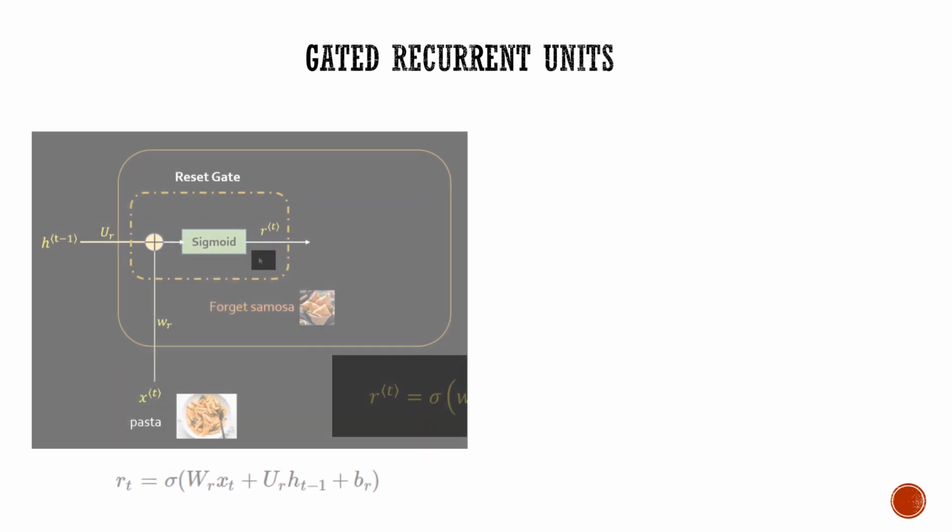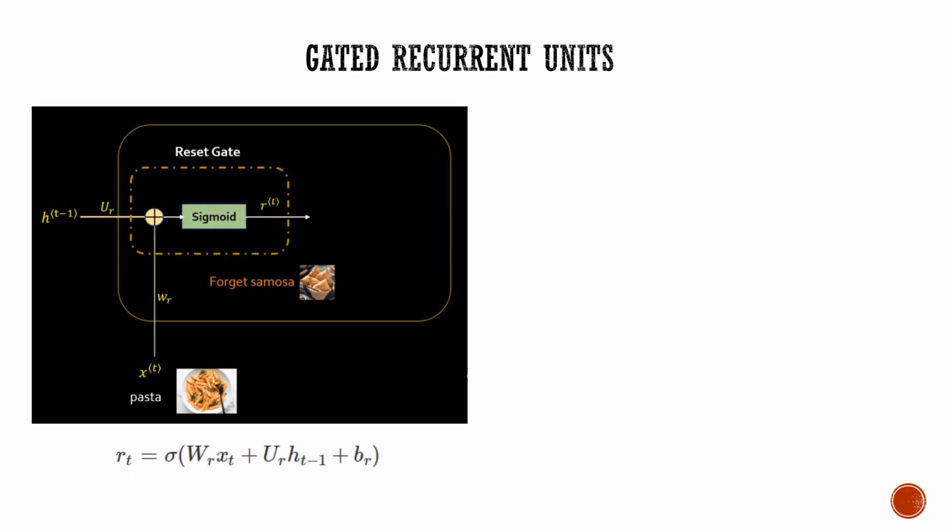Specific to the example, we can see on the left a GRU cell where we understand how the reset gate works. To retain the memory of the pasta, the reset gate needs to forget the memory of samosa. So the reset gate uses the hidden layer H and the input layer X and applies a sigmoid function on it to get the formula mentioned below.